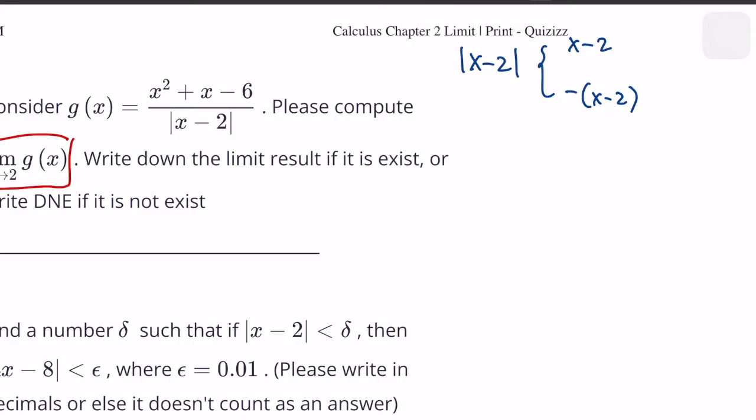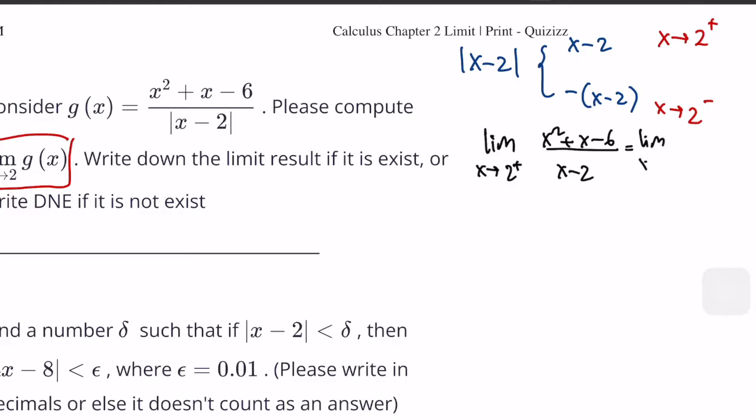This depends on x approaching 2 from the right, and this is x approaching 2 from the left. Okay, so we need to take the left limit and right limit. Take approach to both of that. So first, this is our limit here, and we can directly simplify.